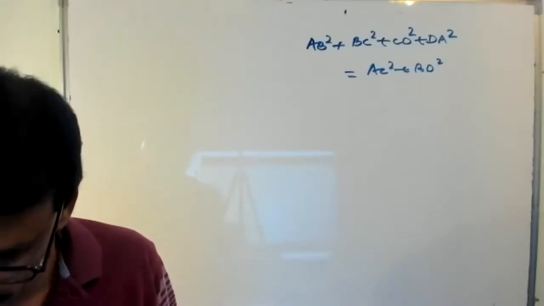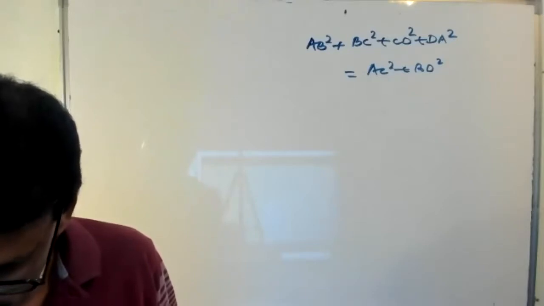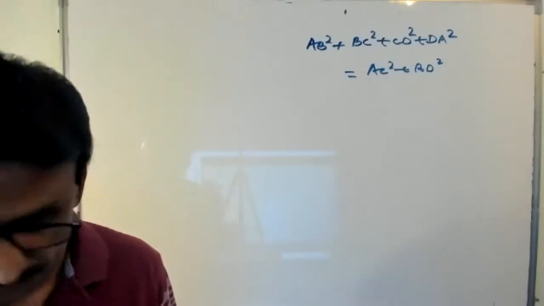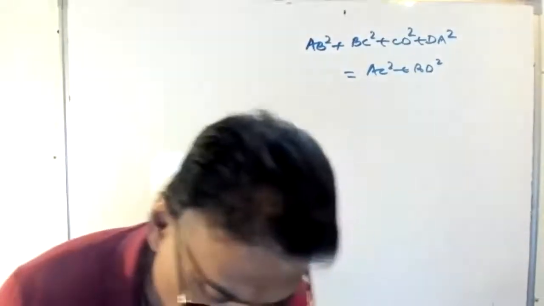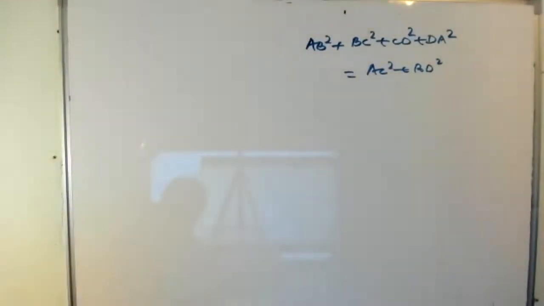Okay. Prove that sum of the squares of the sides of a rhombus is equal to sum of the square of the diagonals. Can you try?